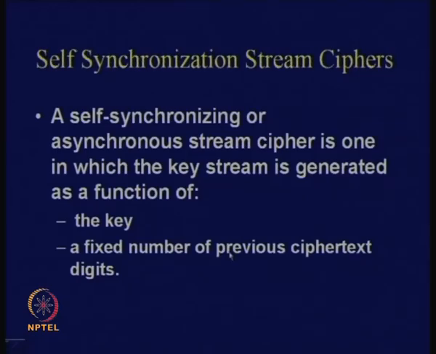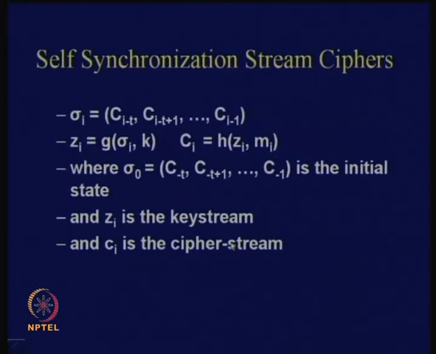So, in this case, if you consider a window of ciphertexts, let us consider a window of size t. The corresponding state variable sigma i depends only upon this window of size t.